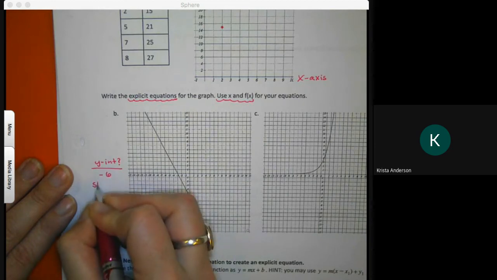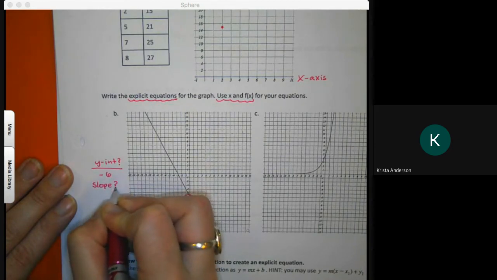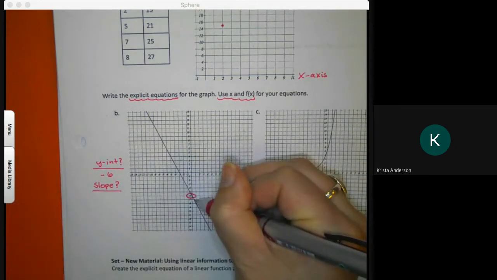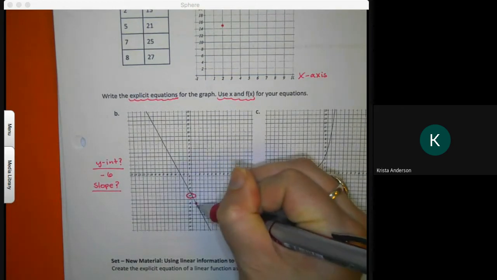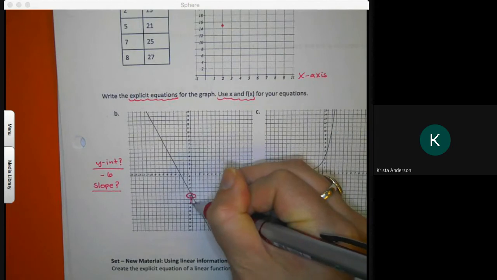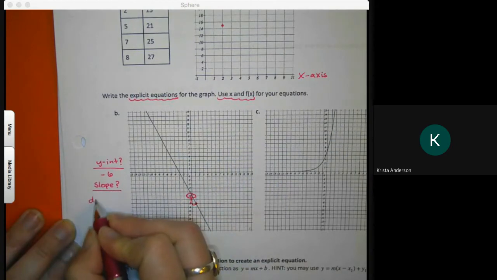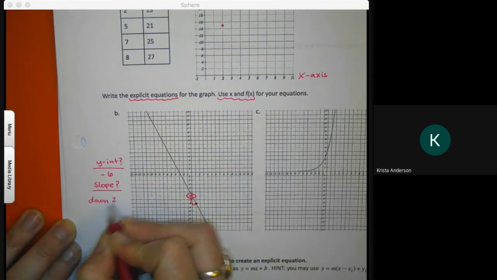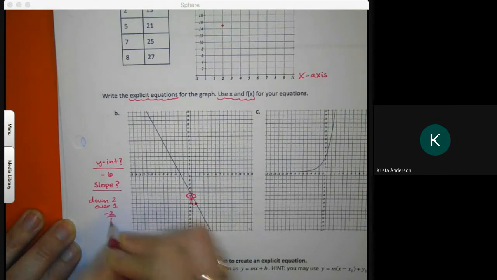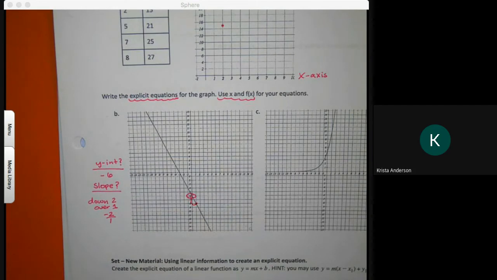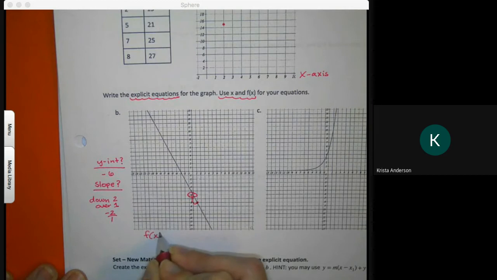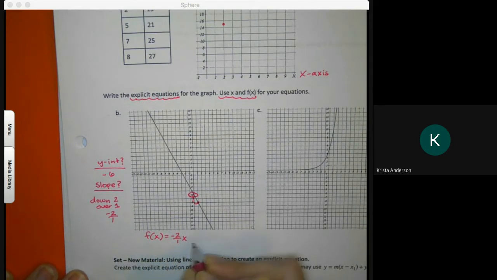Then I look for the slope. The slope, as it goes down, it crosses right here, which is down 2 over 1. That will look like this, -2 over 1. F of x equals my slope with an x on it and a -6 for the y-intercept.